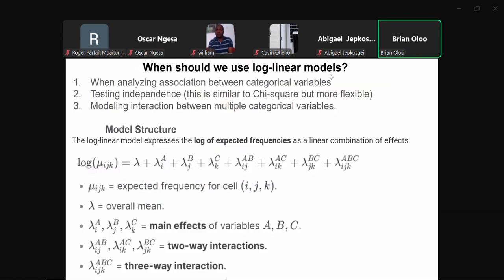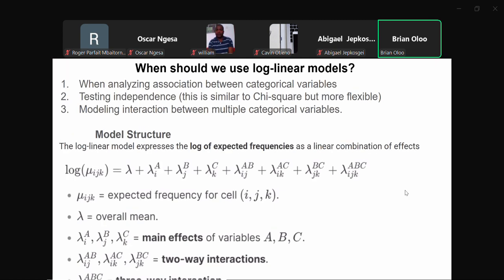Okay, we can proceed. Okay, we have when to use log linear models. Log linear models are used when analyzing association between categorical variables. We use log linear models when you want to study the relationship among two categorical variables, e.g., gender and smoking status.